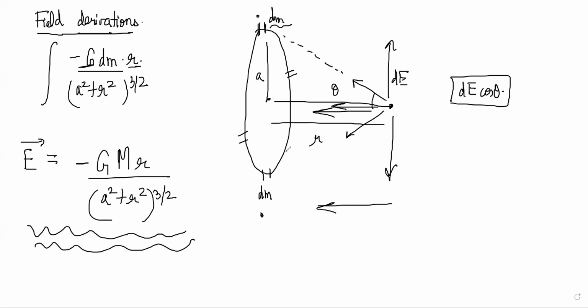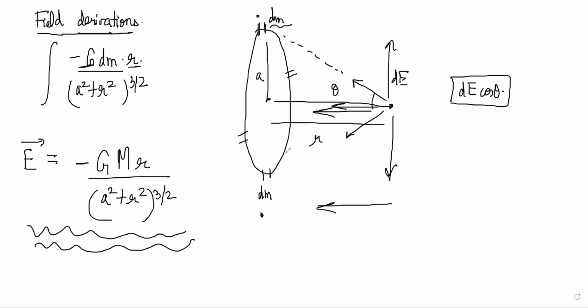Instead of a, you will have an x there now, and x will vary from 0 to a. I hope you are understanding. So that is the derivation that is shown there for the C part, which is field due to uniform disk at a point on its axis.